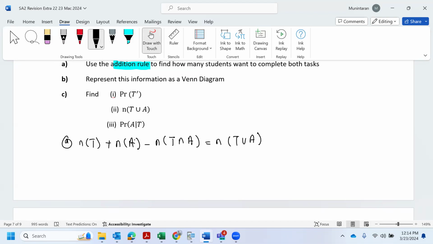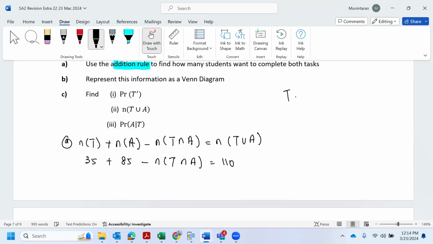Okay, we know that T is 87 plus we know that A is 35. We do not know the number in the intersection. And we know the union because 10 don't want to do any. So that means this is 120 minus 10, you'll get 110.